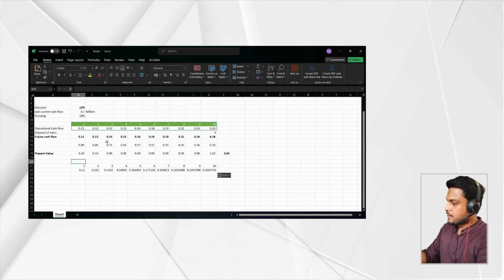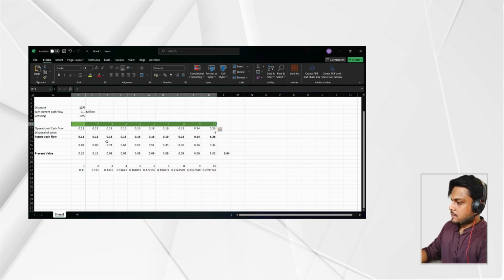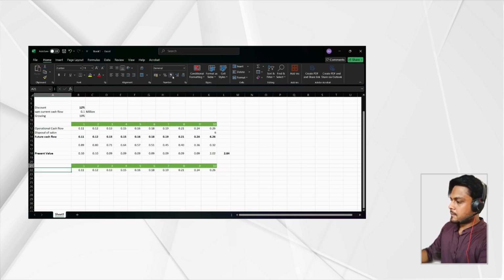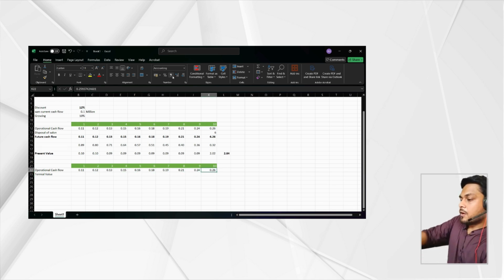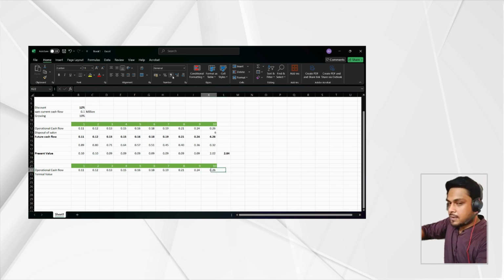Value paste it. We can copy its format as well. This is the operational cash flow, and now we will calculate the terminal value, meaning the value of the business after year 10.